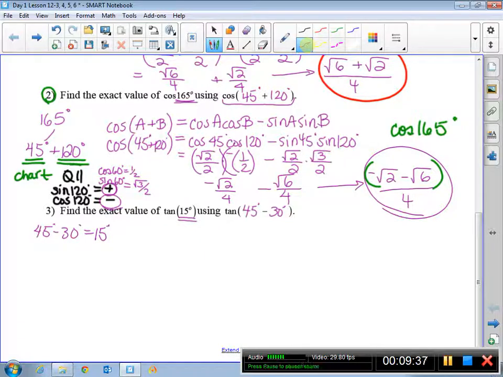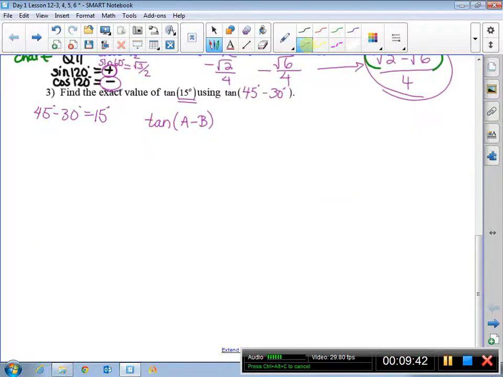So we want our tan of A minus B formula from up above. Copy that down. Let's substitute in our angles.